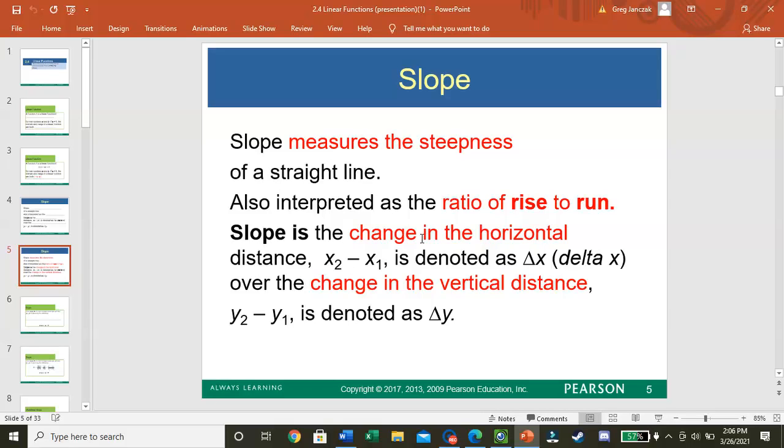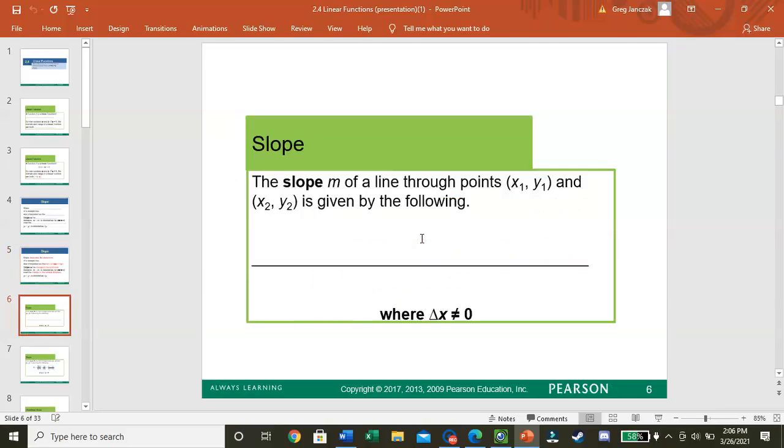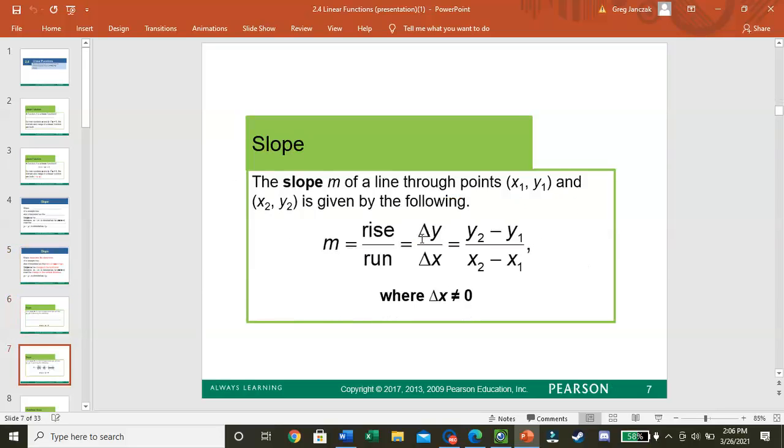Slope is a change in the vertical over a change in the horizontal, like what we were talking about going down the mountains. It should actually be the change in the vertical, delta y, over the change in the horizontal, delta x. You can see this as rise over run.